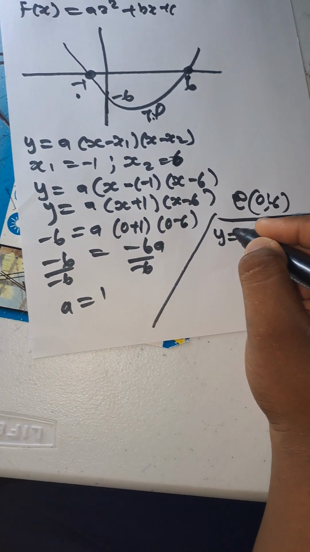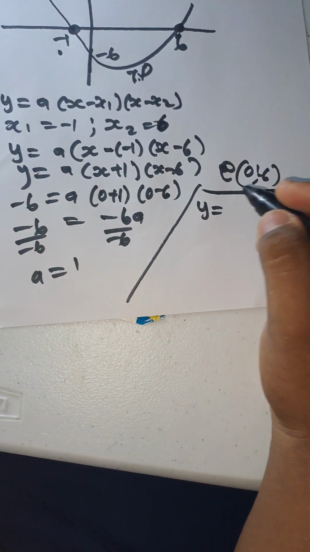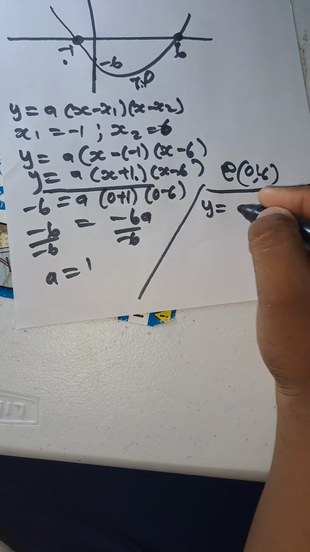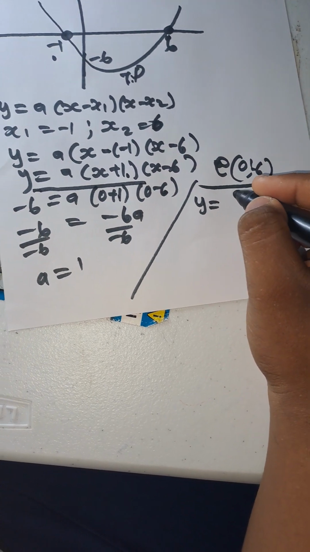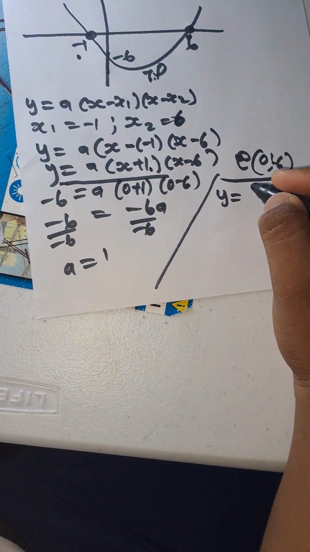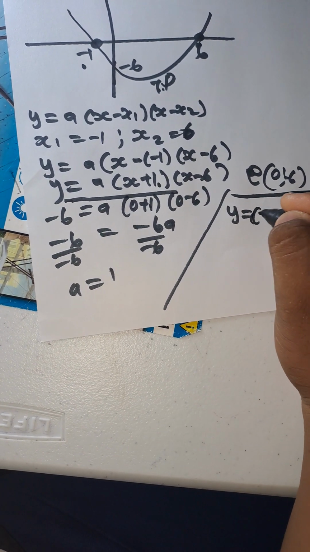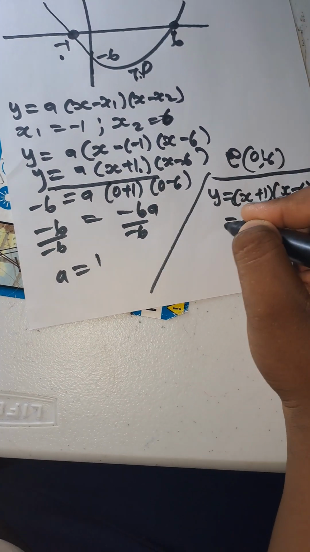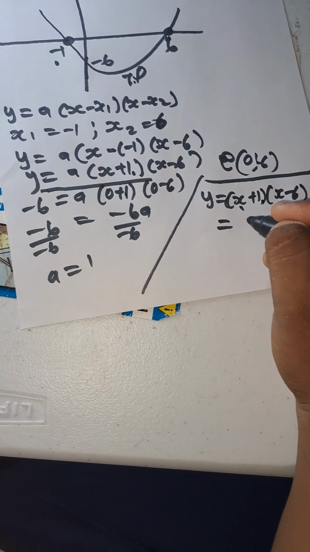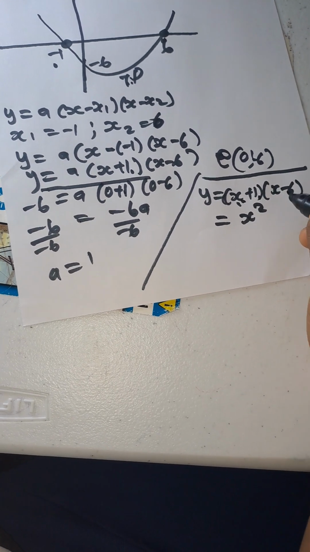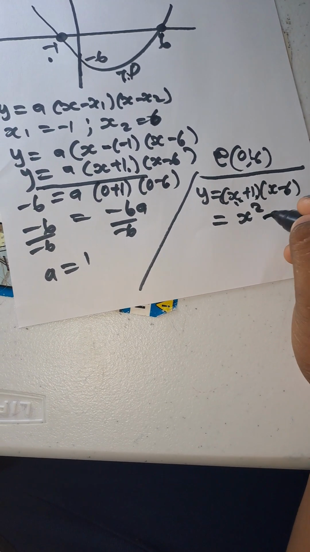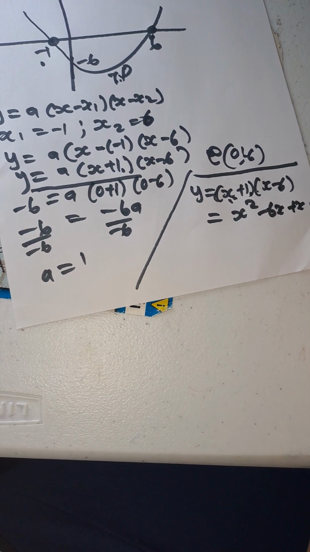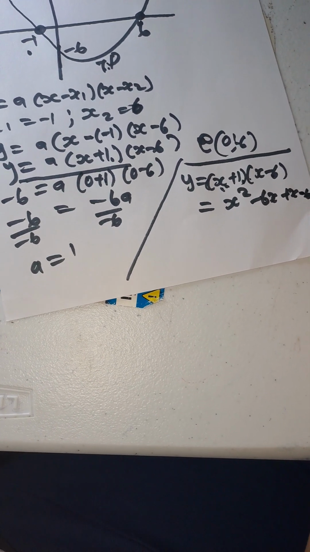y is equal to, I'm going to continue from here. y = 1, and so 1 times everything is the same. So (x + 1)(x − 6), and then I expand. x times x is x², x times −6 is −6x, x times 1 is plus x, and then 1 times −6 is what? −6.